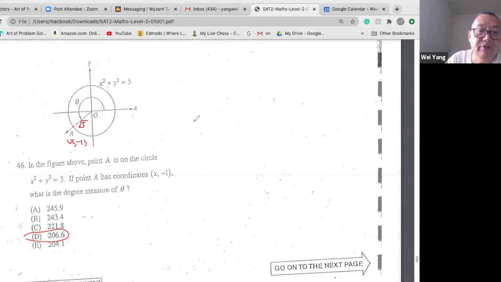So this angle is definitely about 200 something, but we need to calculate exactly what it equals.